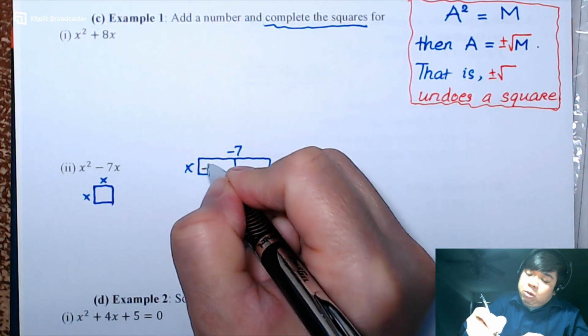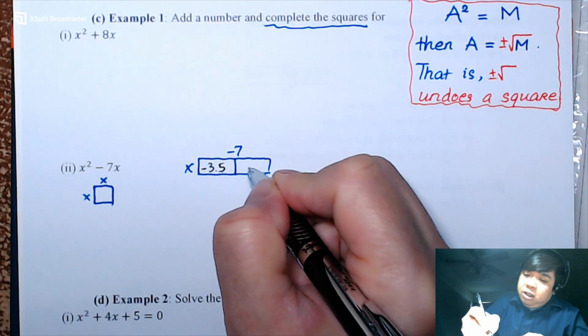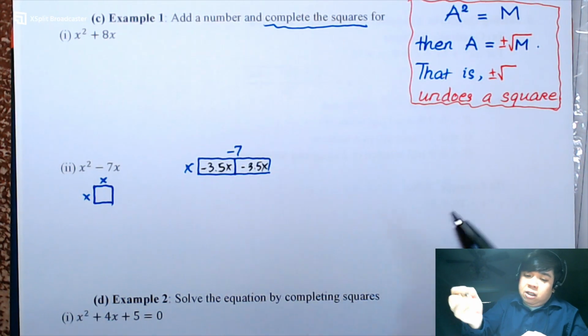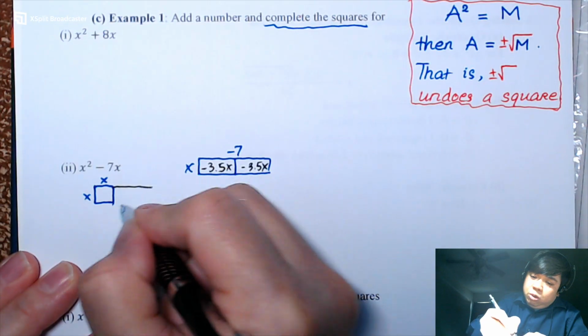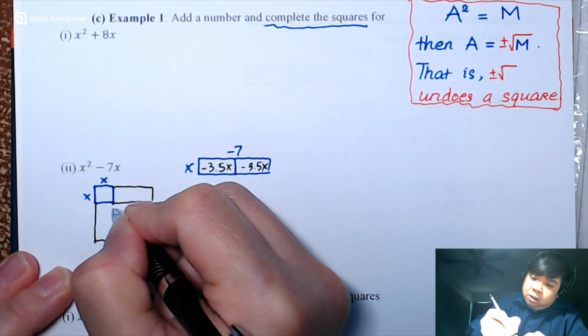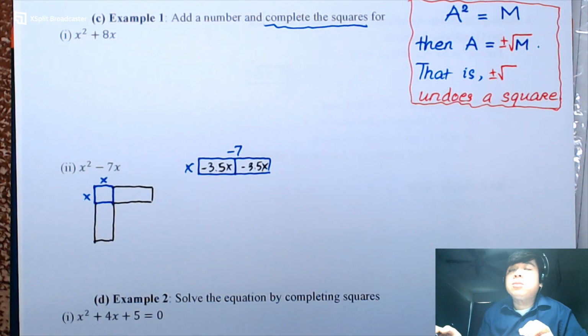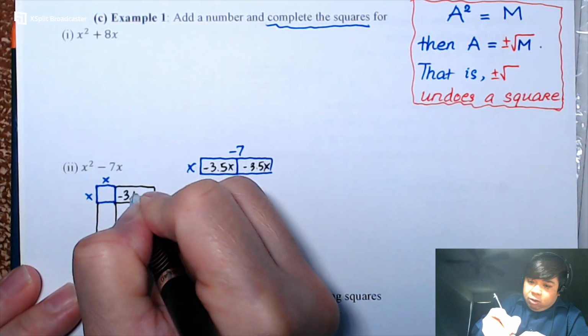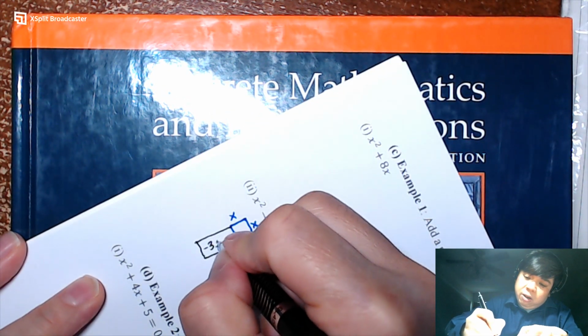So break that in half will be negative 3.5x and negative 3.5x. So we break that into two and we stack like this. Negative 3.5x, and this is also negative 3.5x.